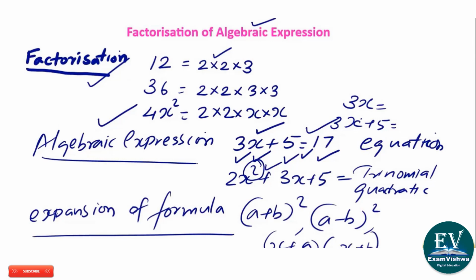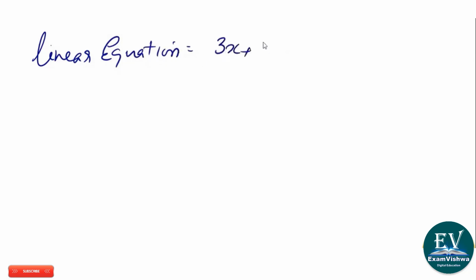Let me move to another page. You also studied about linear equations, just like algebraic equations. For example, if there is a situation where we can say 3x plus 4 is equal to 16, this is a linear equation.